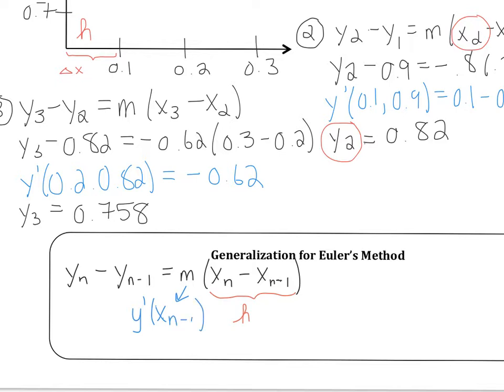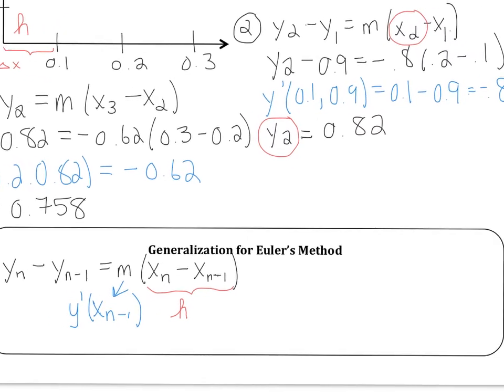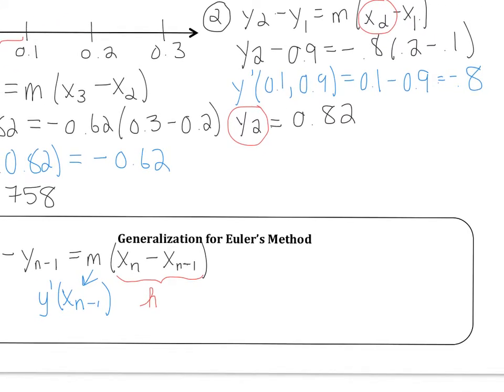All right, so now let's clean this up a little bit and get ourselves to something useful. So we could say from here that y_n minus y_(n-1) equals y prime of x sub n minus 1 times h.